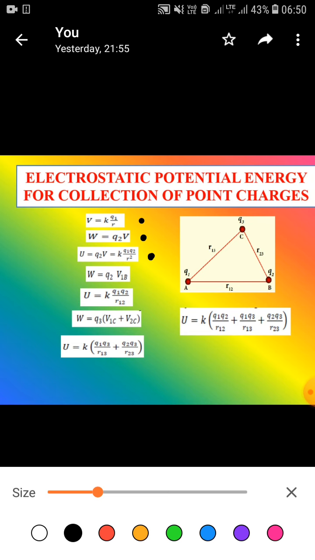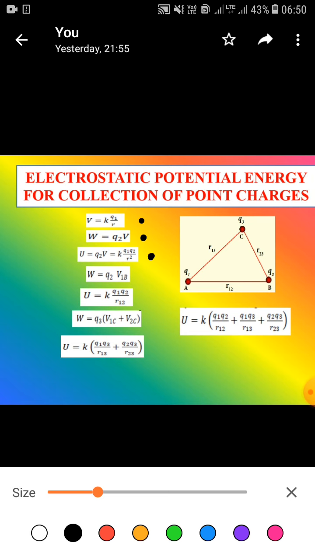For an example, the electrostatic potential energy depends only on the distance between two point charges. We are assuming q1 is fixed and q2 is brought from infinity. Here the work done value is 0.